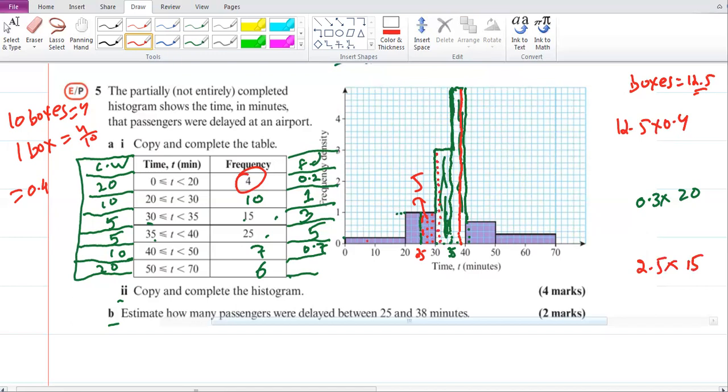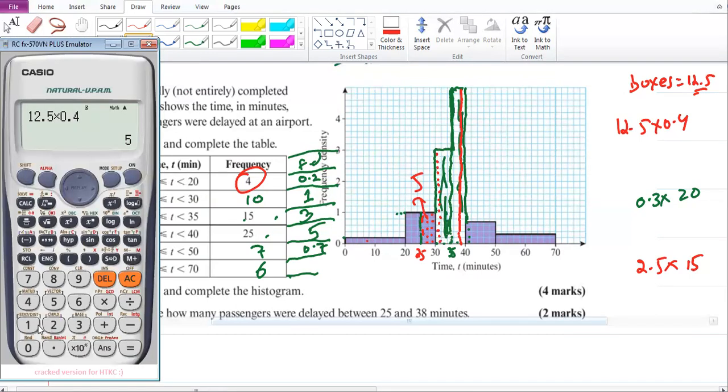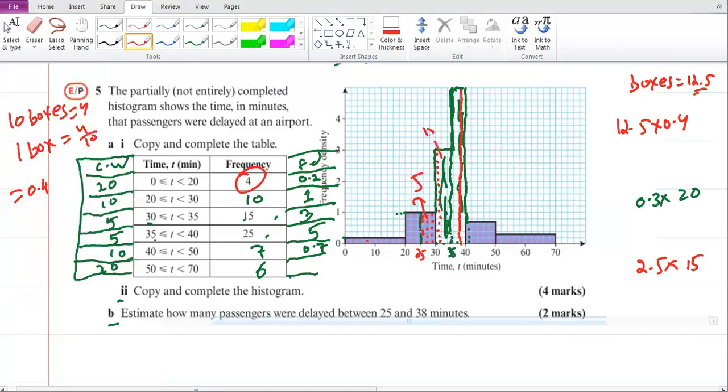So 2.5 into 15 will give me the total number of boxes. The number of boxes is 37.5, and we know each box is 0.4. So multiply with 0.4. It means 15 people are in this part.